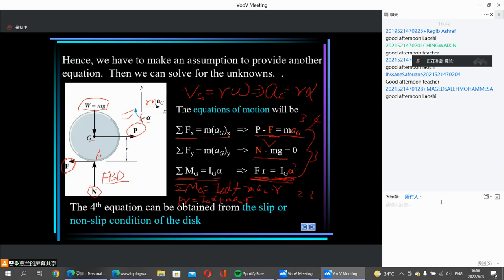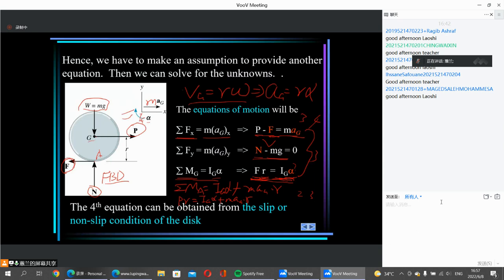Why can I write Vg equal to R omega? If we assume the disk is rolling without slipping, that means the contact point A is the IC, the instantaneous center of velocity equal to zero, right?